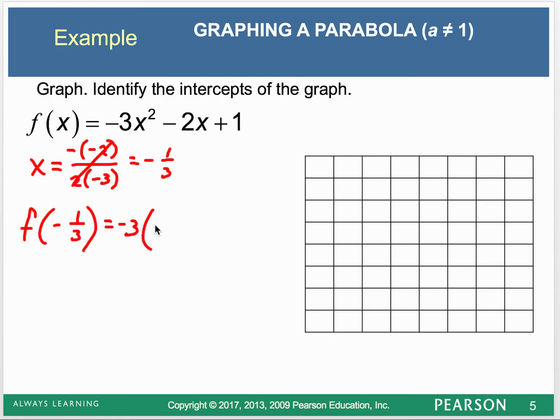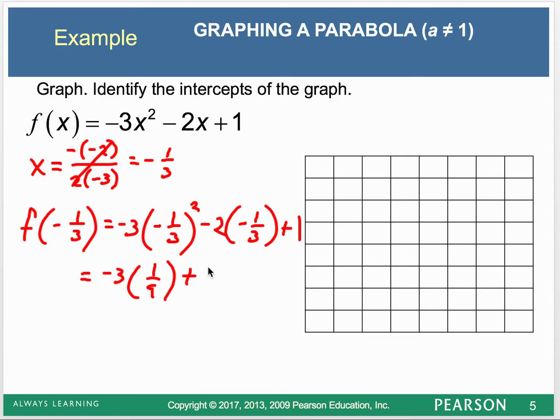So negative 3 times negative 1/3 squared minus 2 times negative 1/3 plus 1 is negative 3 times 1/9 plus negative negative 2/3 plus 1, okay, which is negative 3/9, right, multiplying straight across, which is negative 1/3 plus 2/3 plus 1.